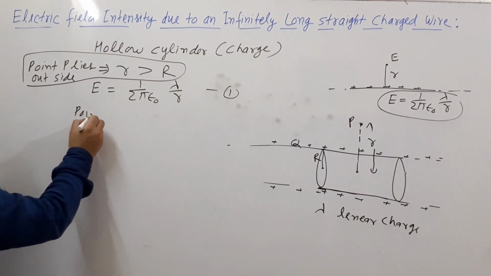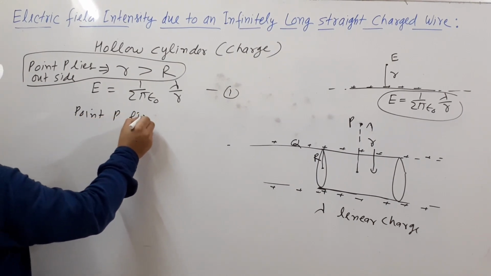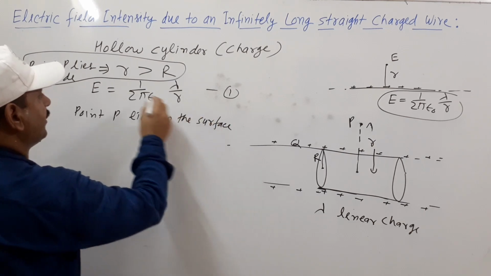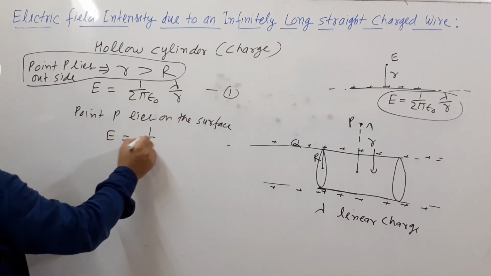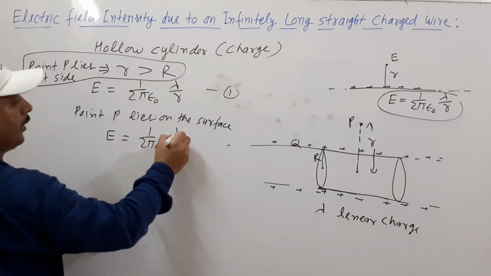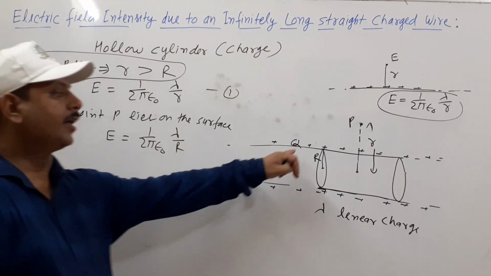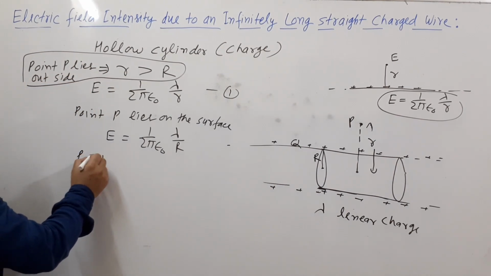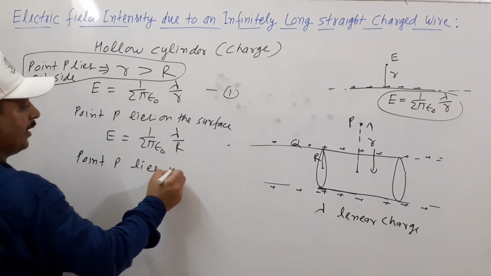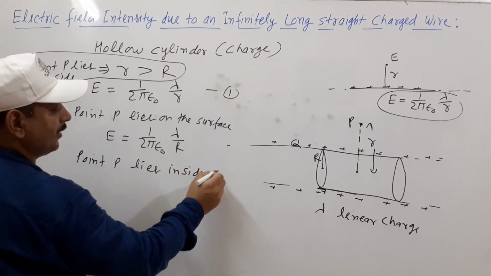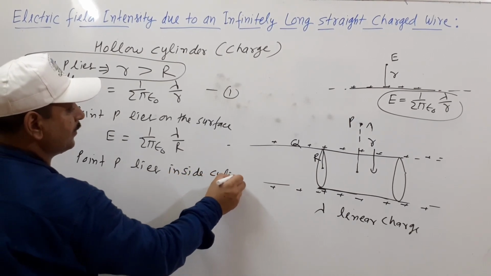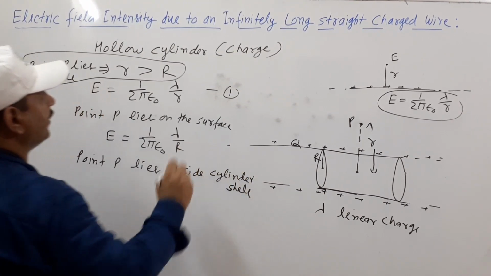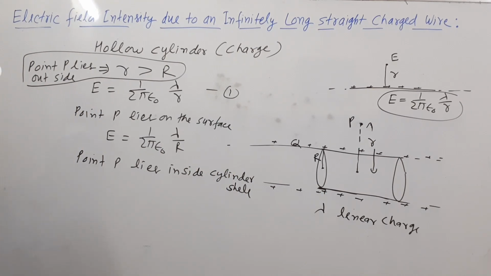If point P lies on the surface, at that time E is equal to what? 1 upon 2 pi epsilon naught lambda upon R. Here R is the radius of the cylinder. If point P lies inside the cylindrical cell, then what happens?